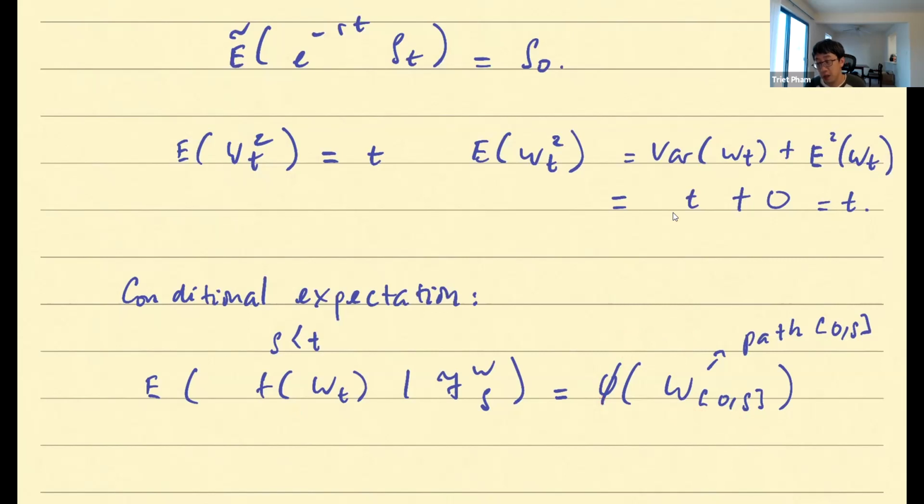So it's really a mapping from the history to a desirable value that you call conditional expectation.